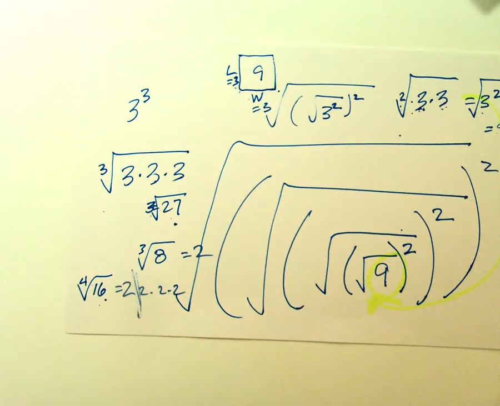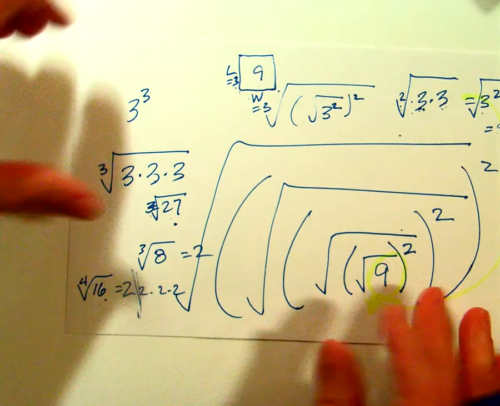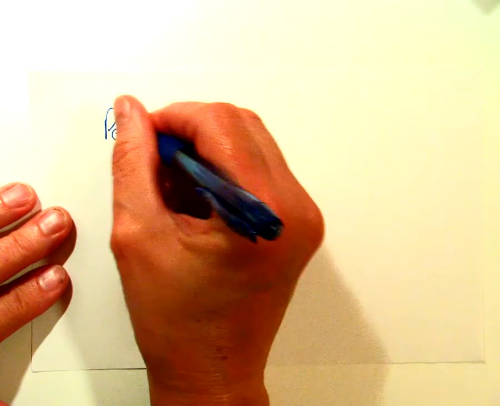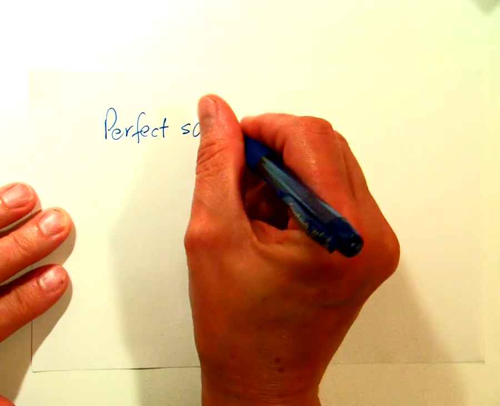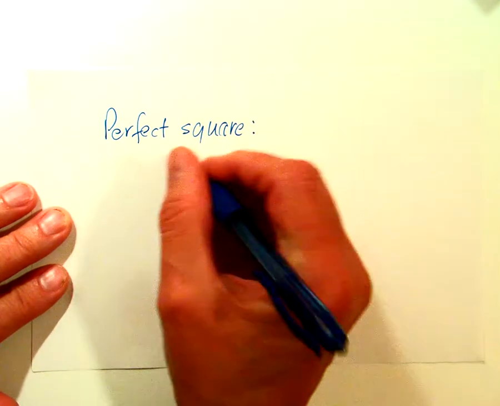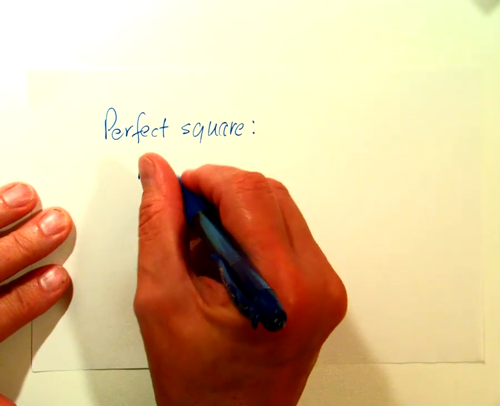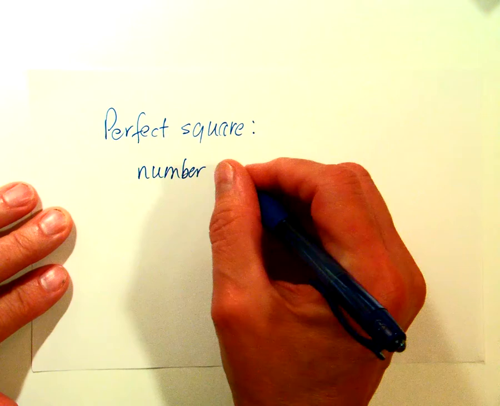Okay. A reminder, a perfect square. What is a perfect square? It's a really handsome square. No, although it could be. A perfect square is a number whose square root is a whole number.